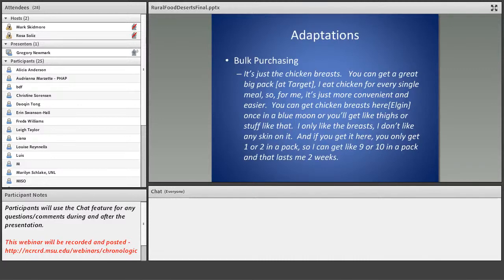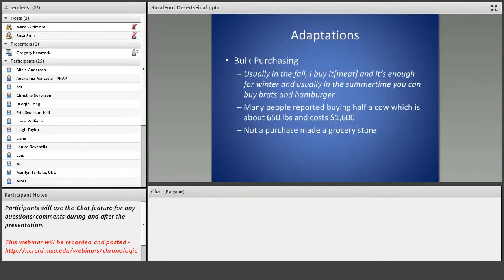Another adaptation is bulk purchasing. Here's a quote from a woman who basically didn't shop locally because she ate mostly chicken breasts, and as she said, she can get a great big pack at Target, and it's just easier for her to go there and buy food in bulk. That's one form of bulk purchasing.